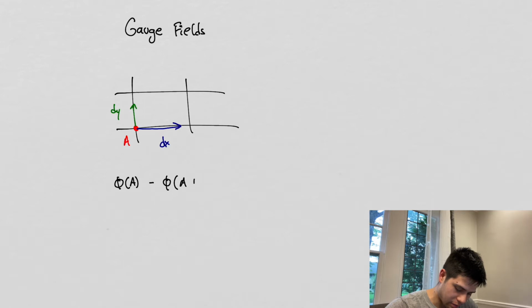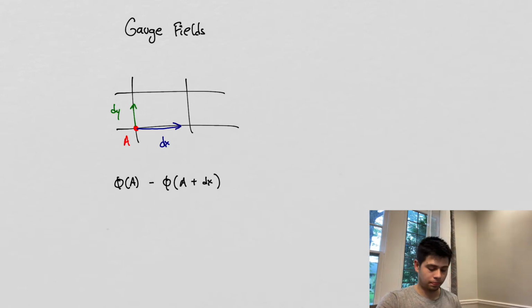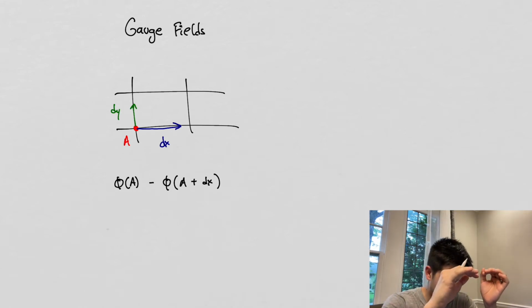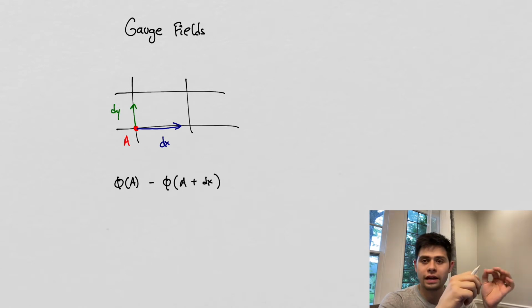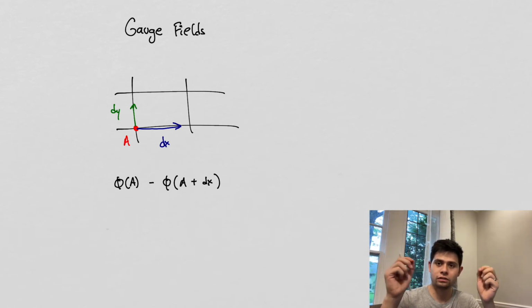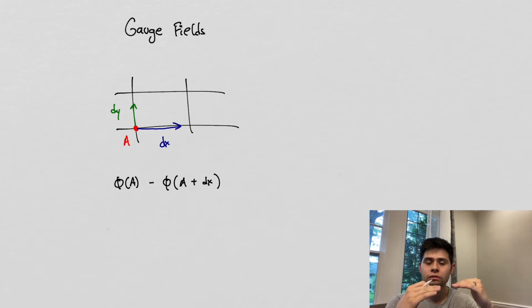So A plus dx. Now we can imagine, okay, if the value at point A is the same as the value at the point as we go in the dx direction, that's the next point. If they're the same, then the difference should be 0. Right?